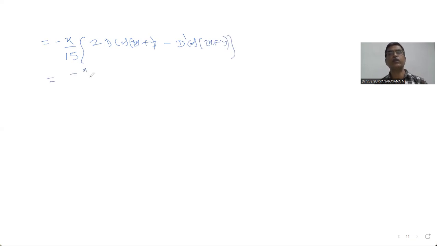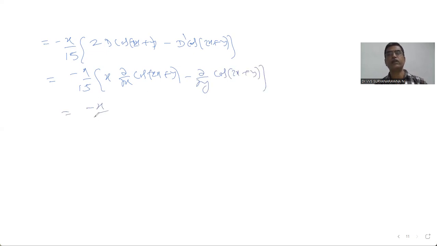So after simplification, we'll get minus x by 15 into, 2 times D means dou by dou x of cos(2x plus y), minus D dash means dou by dou y of cos(2x plus y).